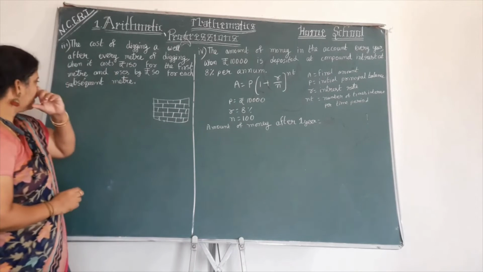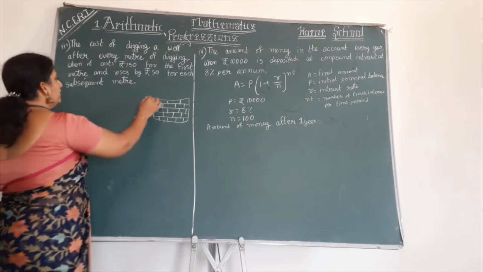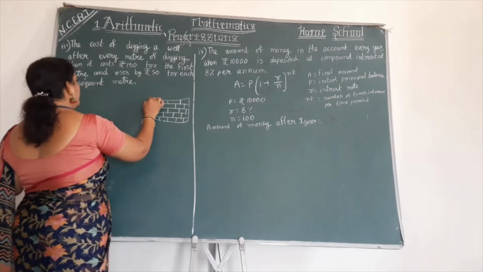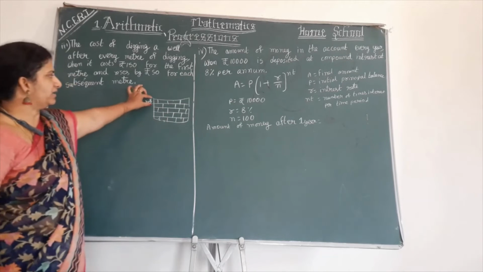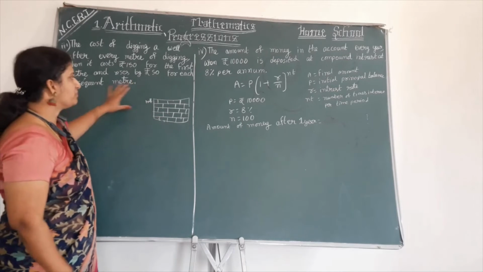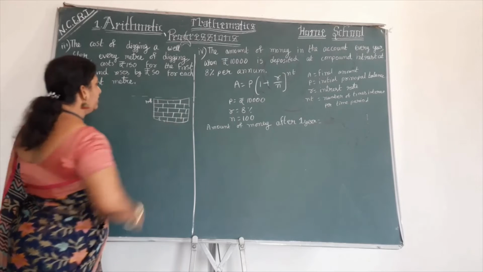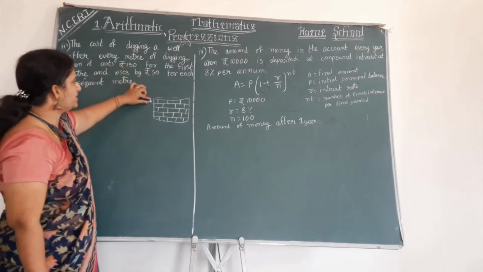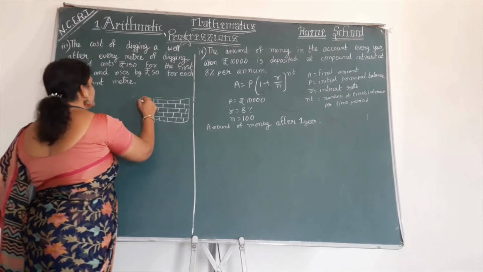So look here. First, what they are doing? They are digging the well. So let it be here 1 meter. They have started to dig a well here. Okay, now. So this is the ground level. First meter, how much amount it is? It costs rupees 150.